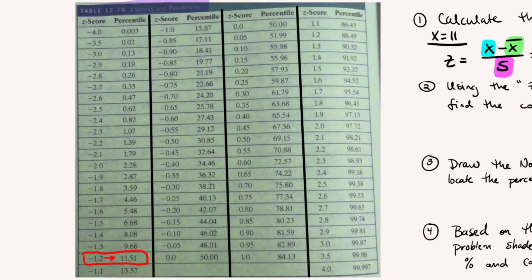Our z-score that corresponded to 18 was 1.6. We know that would be in the right portion of the chart. Find the z-score of 1.6 and locate that. We see for a z-score of 1.6, the percentile is 94.52. So let's write that down under step 2 for both of these.